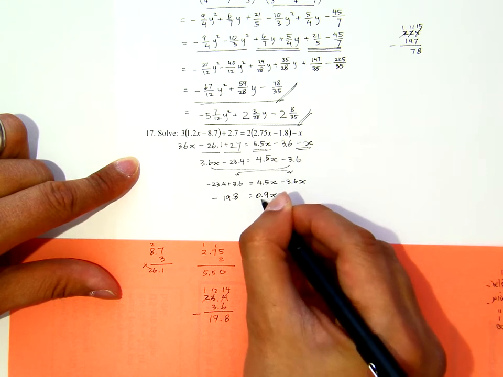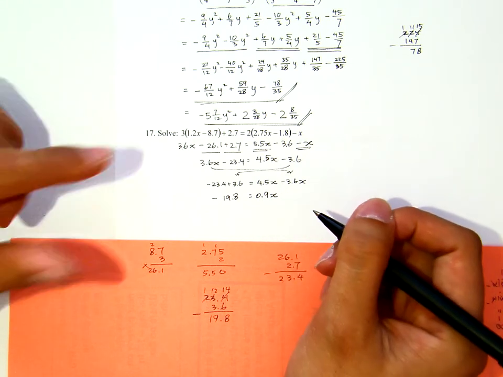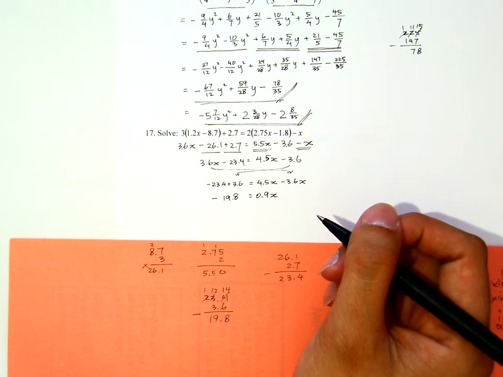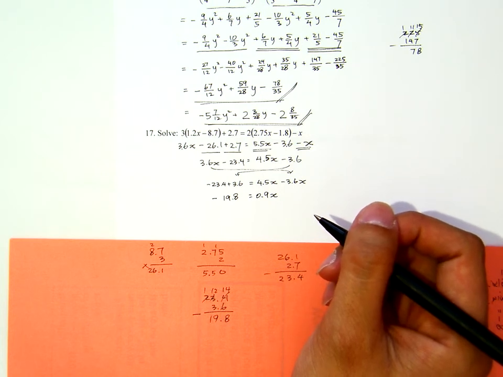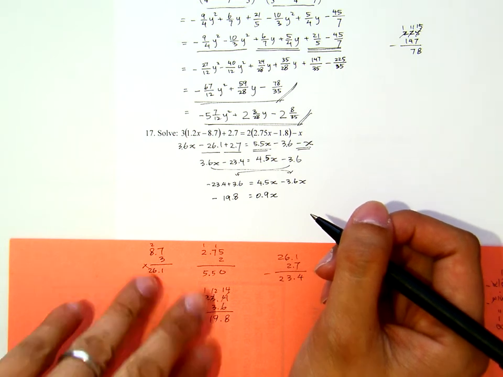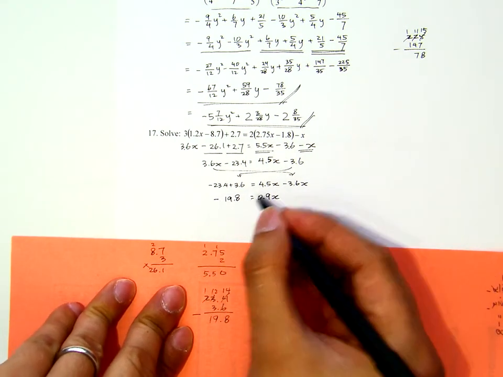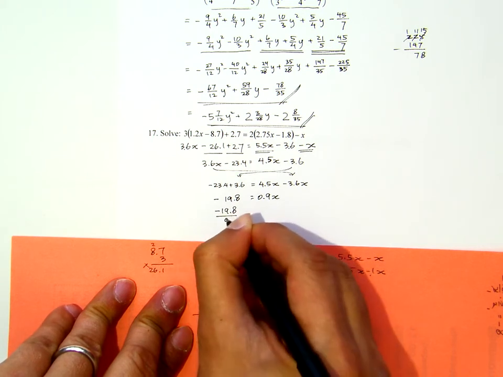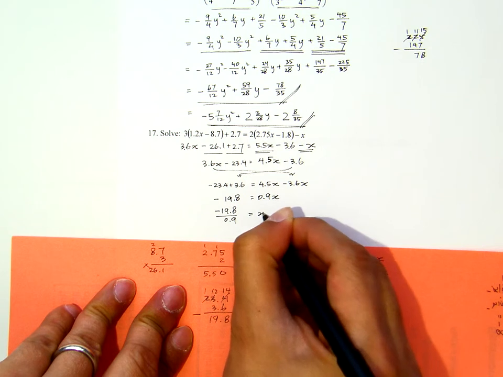Don't forget to write the leading zero though. You don't know how many mistakes I saw of those students who think they will be fine by not writing the leading zero. Write it down. And then negative 19.8 divided by 0.9 equals x.